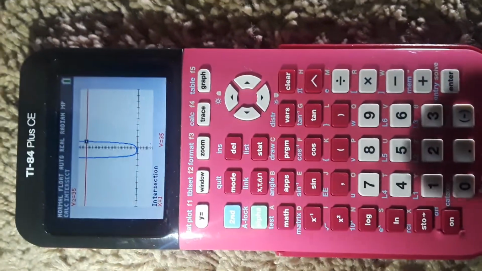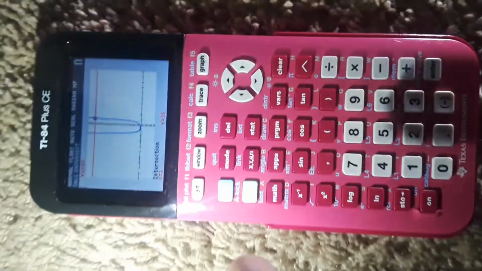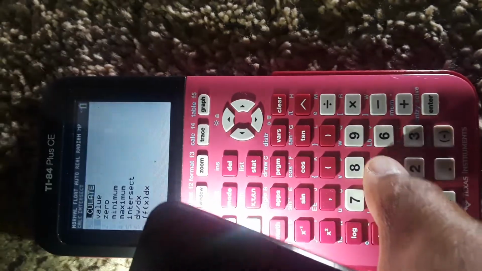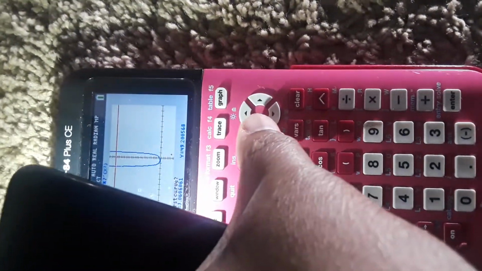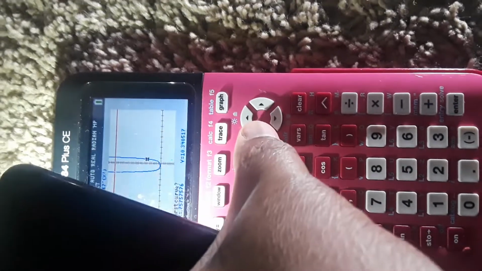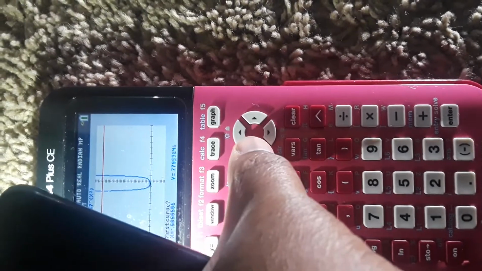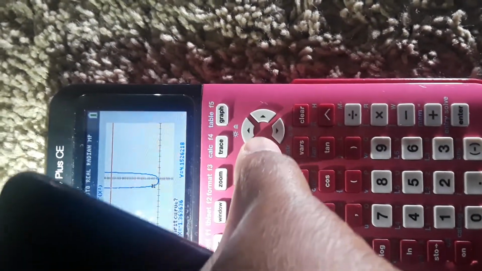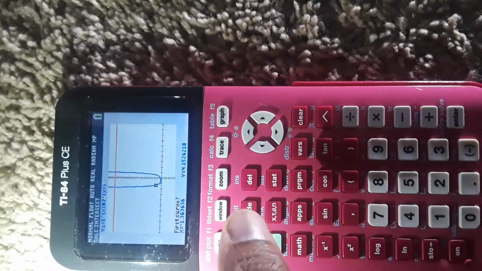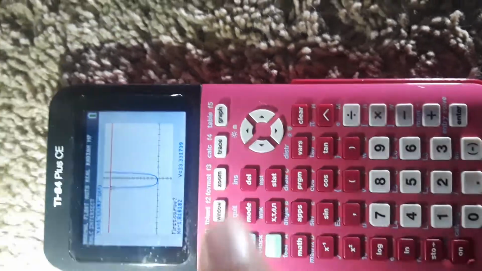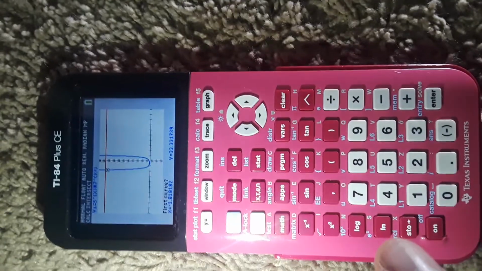And let's scroll back again on the left hand side, but we have to go second trace, intersect, and then scroll over to the left with the left arrow key, until we get to the other x solution, and then we hit enter, enter, enter.